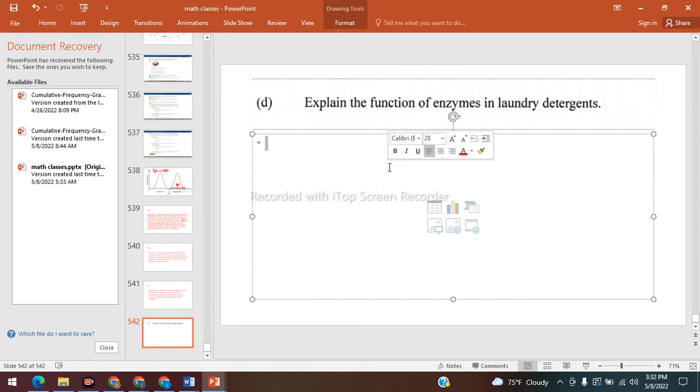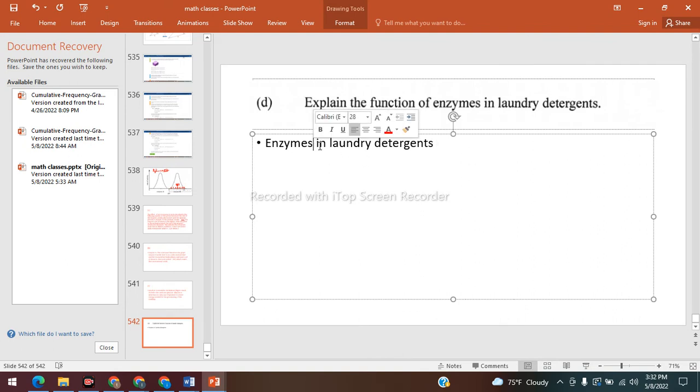How it can be answered is the following. Enzymes are in laundry detergents because most stains are made from what?